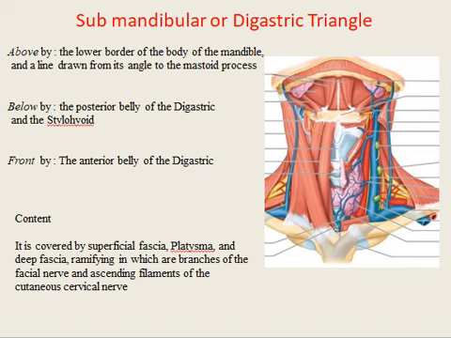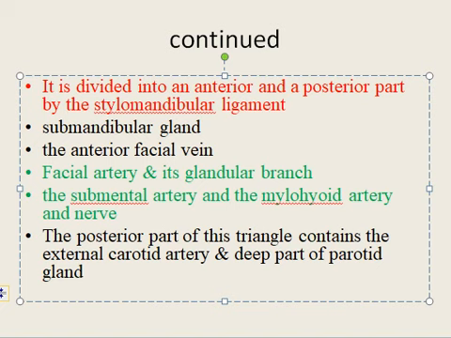Now coming on to the content of the submandibular triangle. This triangle is covered by superficial fascia, platysma and deep cervical fascia, ramifying in which are the branches of the facial nerve and ascending filaments of the cutaneous cervical nerve. This triangle is divided into an anterior and posterior part by the stylomandibular ligament.